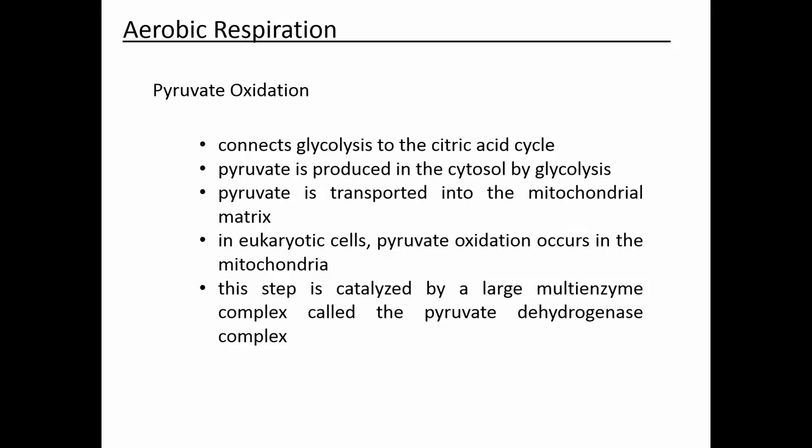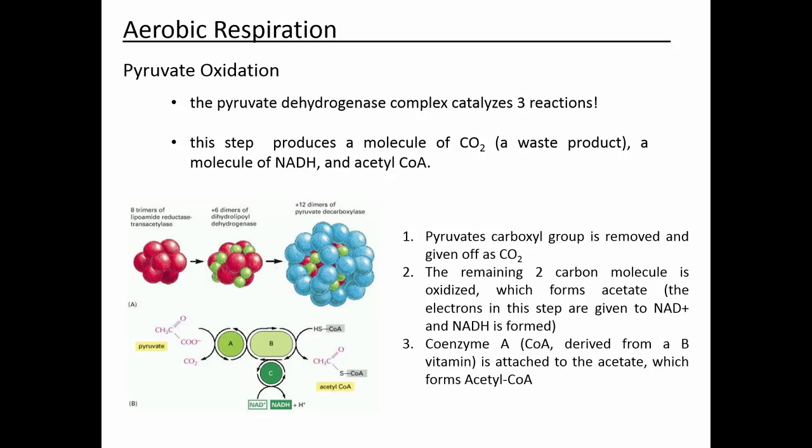Okay, so you don't need to know these specific details that I've written on this slide here, but it just breaks down the 3 reactions that the pyruvate dehydrogenase complex catalyzes. First, it removes a carboxyl group, which gets released as carbon dioxide. Then the 2 carbon molecule that you are left with is oxidized, which means you take electrons from it.